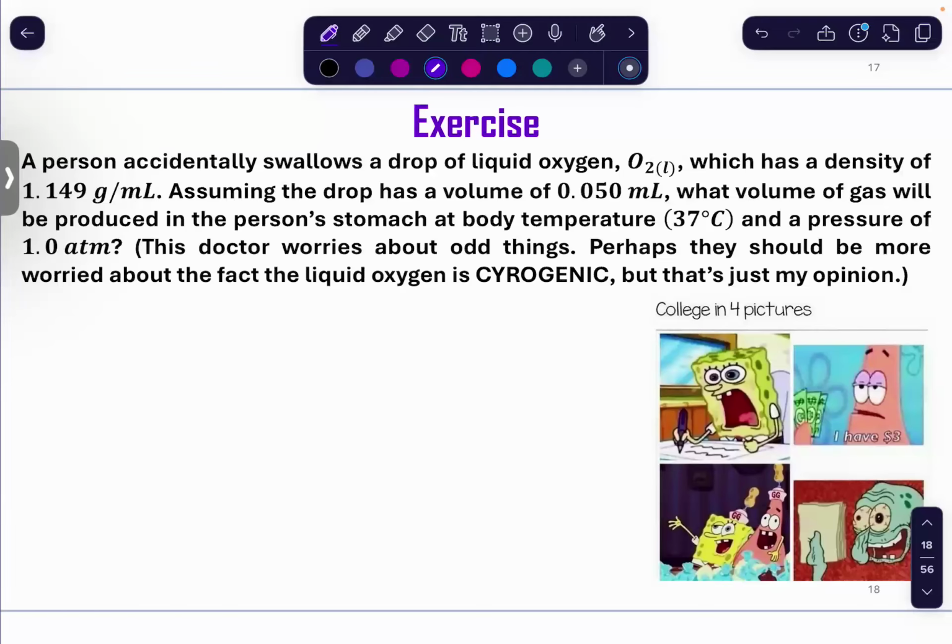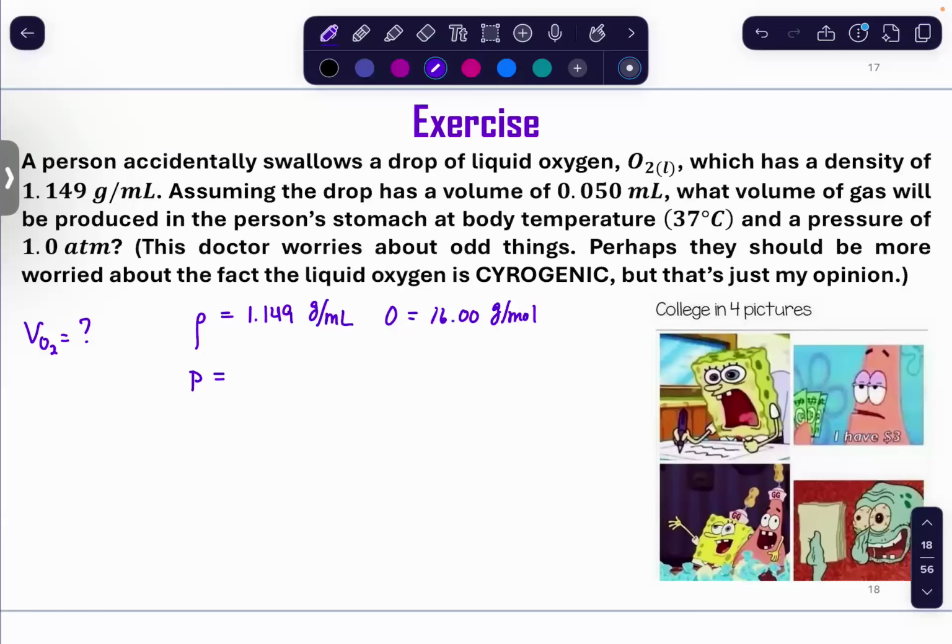But let's see, what's it asking us for? The volume. What do we have? Density, 1.149 grams per milliliter. Oxygen, of course, we have the molar mass of oxygen.